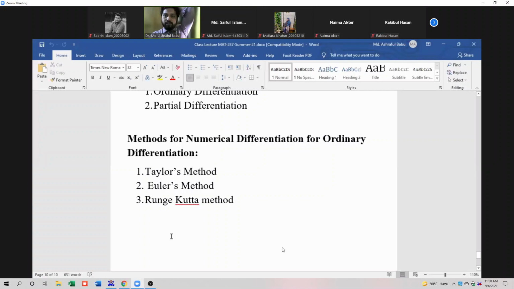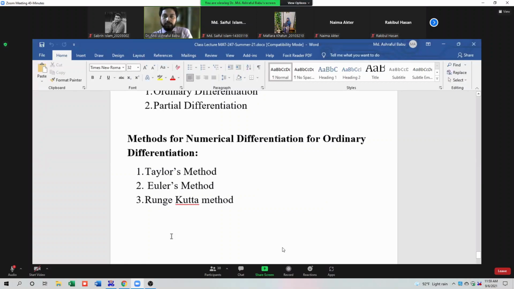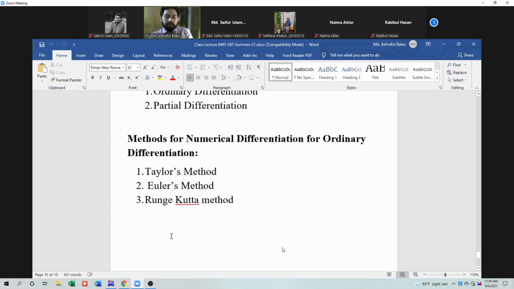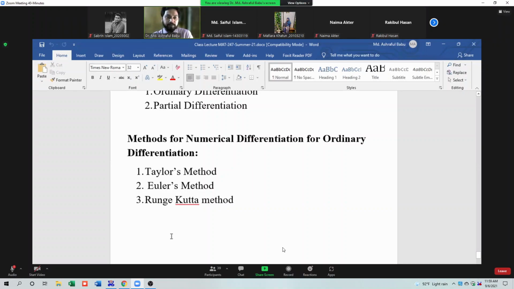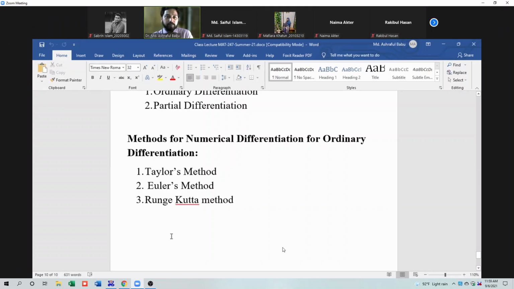The topic is not numerical differentiation. Basically, it's the topic of numerical differential equation. So numerical differentiation is actually something different than the differential equation. Okay, let's check. Just wait a bit, I just check the book.